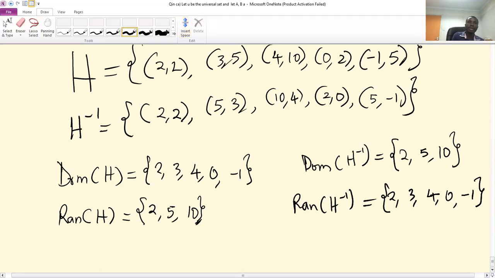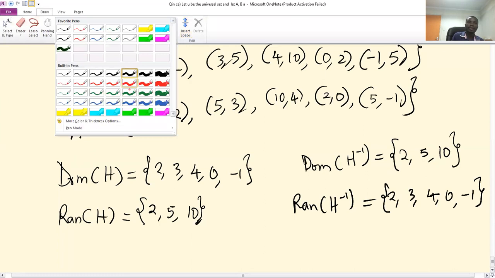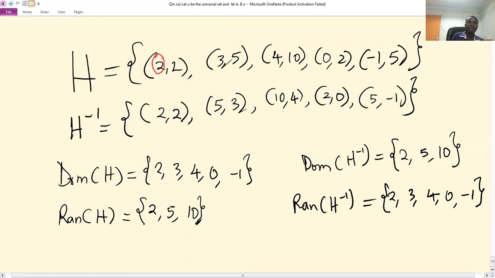Now, to determine whether H is a function, just go to every pair and identify the first elements. Since all of them are distinct, then you say H is a function. Now here, this is 2, 5, 10, but we have 2 repeating and also 5 repeating.